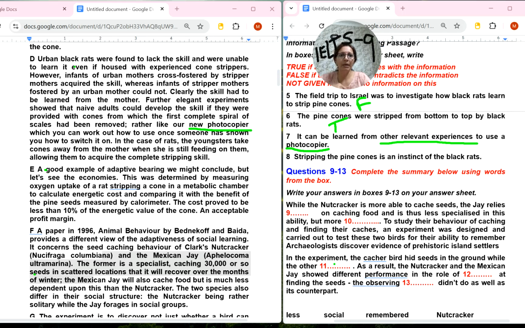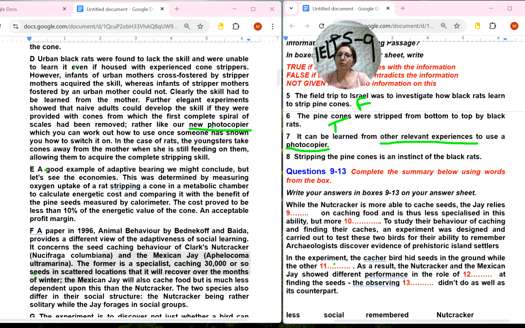Photocopier is in paragraph D. It can be learned from other relevant experiences to use a photocopier. Okay, so if it can be learned, meaning they are talking about the pine cone stripper, then it will be true. And if they can't learn it from other relevant experiences, then it will be false information.